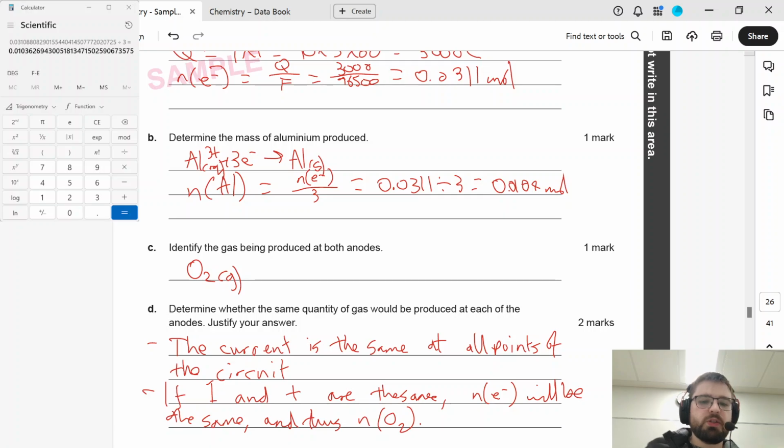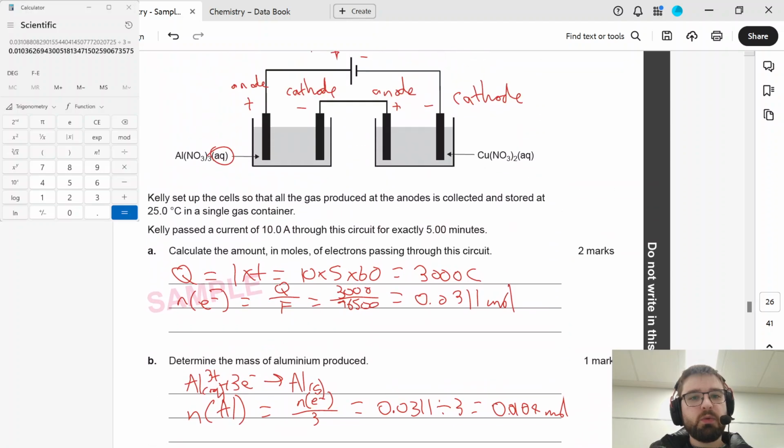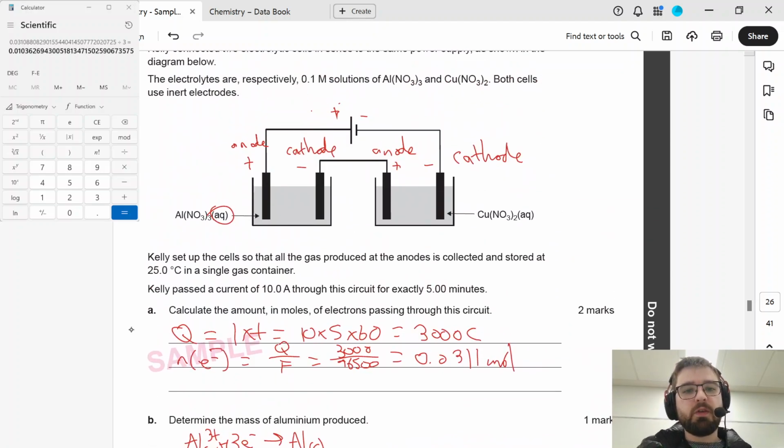I'm not quite sure what they're looking for there, in the sense that that's just how a circuit works. The same amount of electrons are going around everywhere. It wouldn't make sense if you could have 5 moles of electrons come out of the anode here, but then 2.5 moles here, because where have the other ones gone?